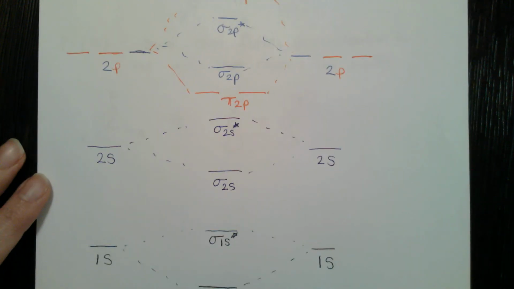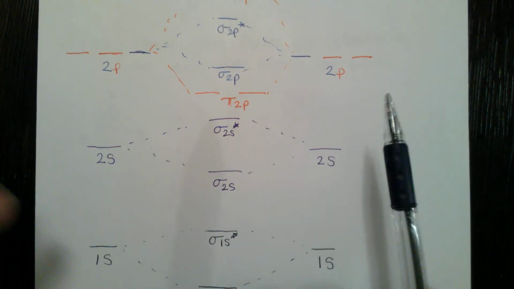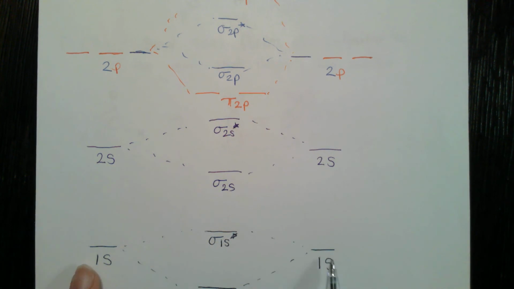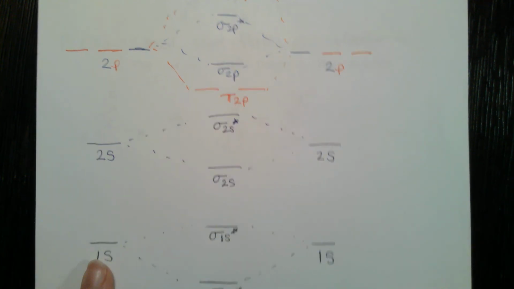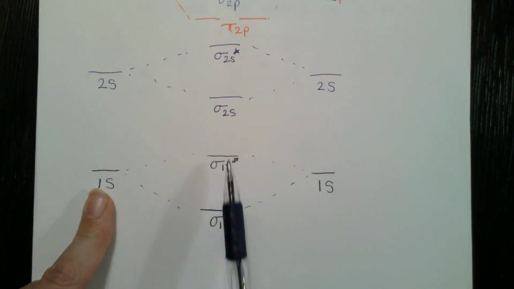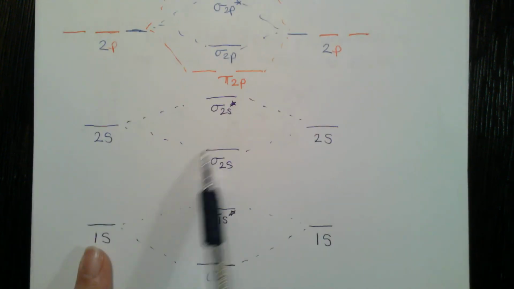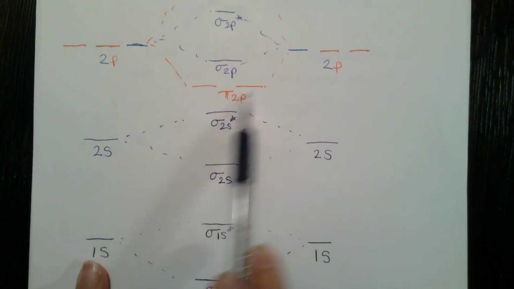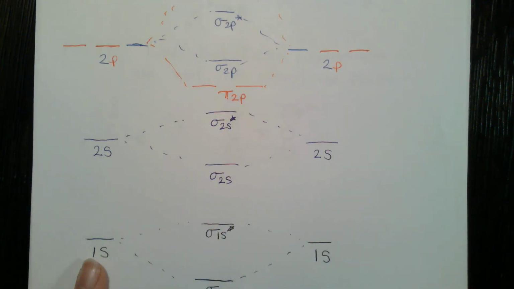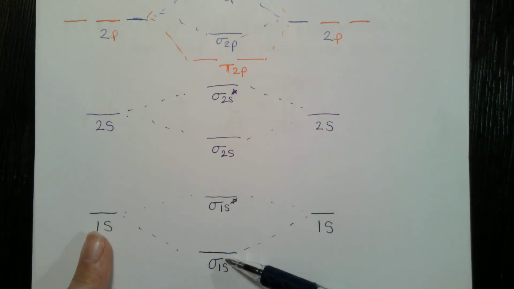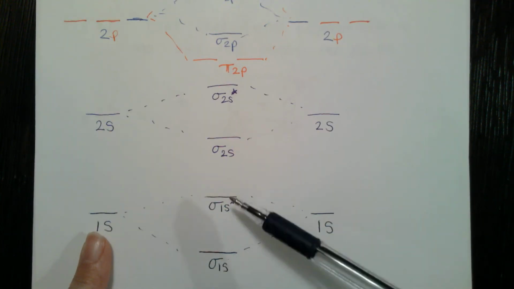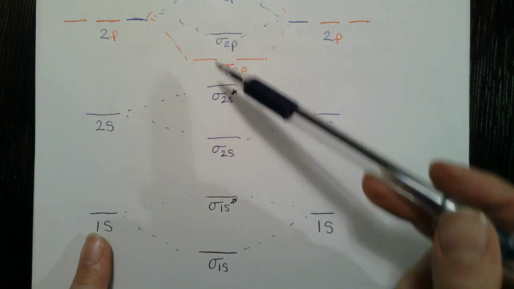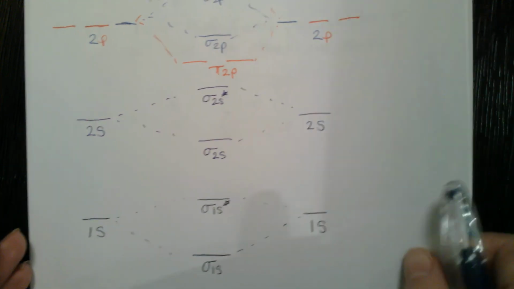We do have a shorthand for this, but I wanted you to see where this comes from. It comes from constructive, destructive, constructive, destructive. Orbitals combine constructively and destructively all the way through. We'll come back to this.